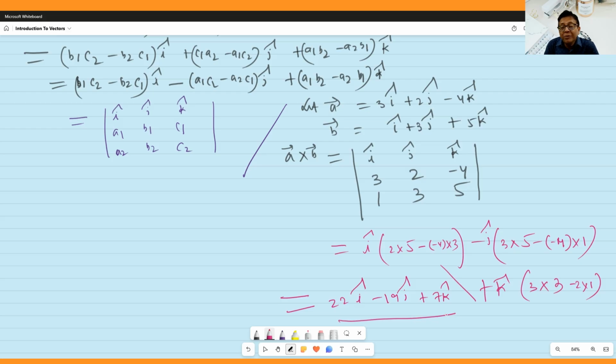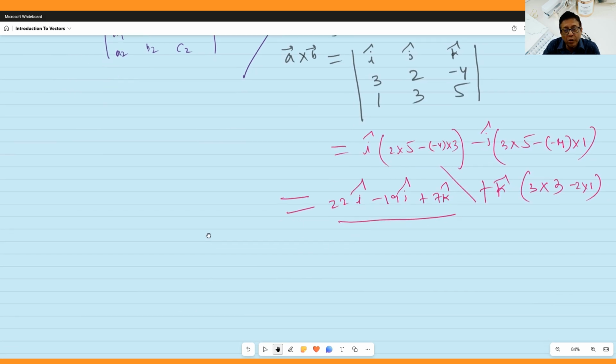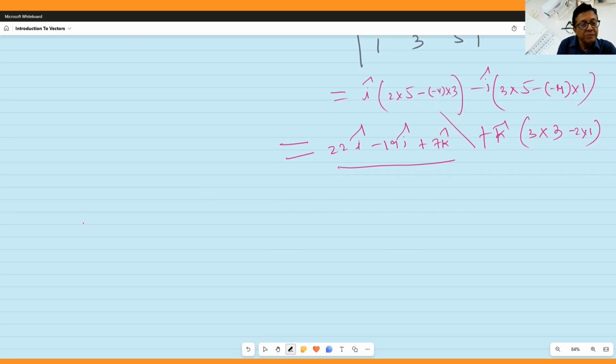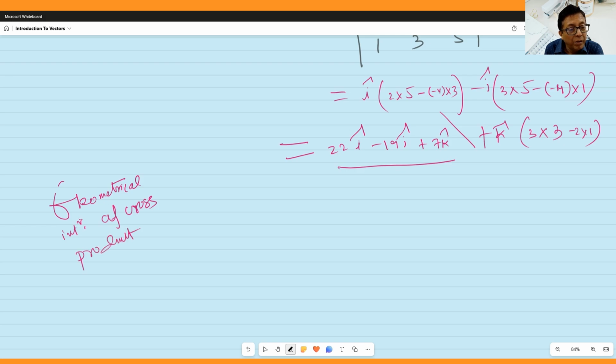Now what is going to be the geometrical representation of this cross product? That I'll tell you. Geometrical interpretation of cross product.